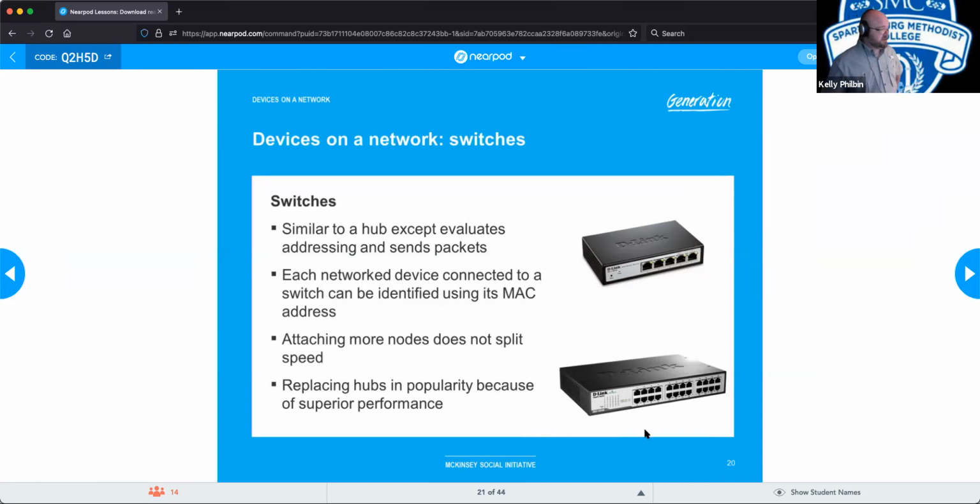I could take this switch down here and say these people right here, they're one network, these people over here are LAN 2, LAN 1, and let's do LAN 3. So you've broken them down into 3 different groups.